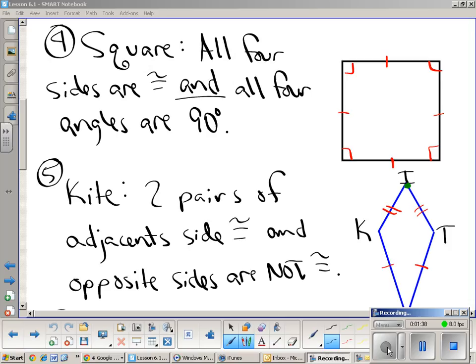Now part of that is the same as a rectangle. Okay? A kite, which has two pairs of adjacent sides that are congruent, and the opposite sides are not congruent. So these would be the adjacent sides that are congruent, right here, two pairs, and the opposite sides are not congruent.